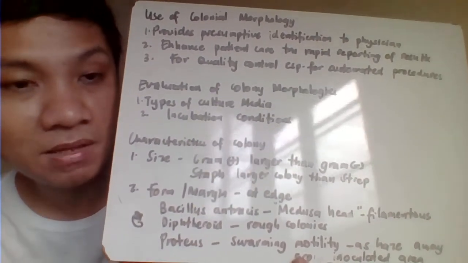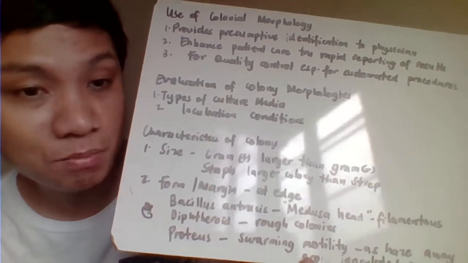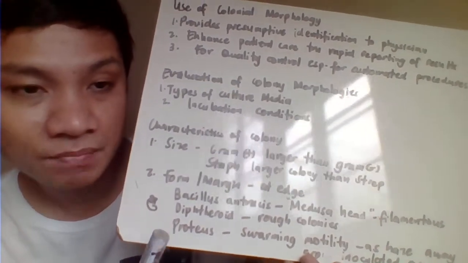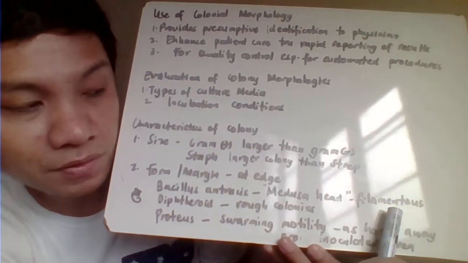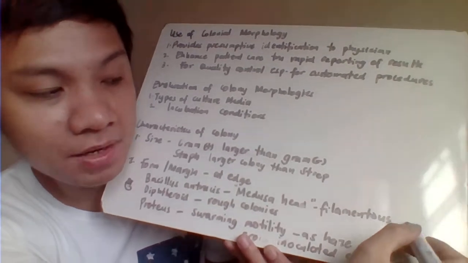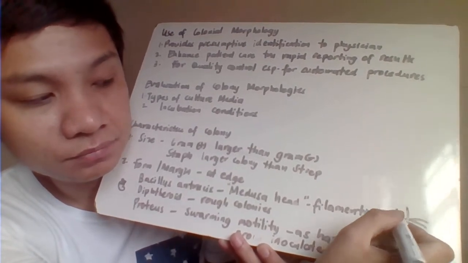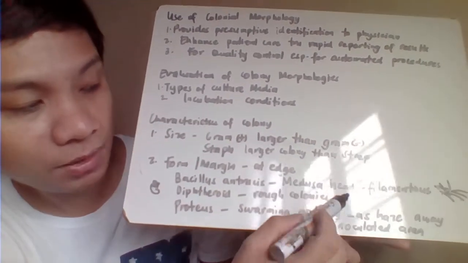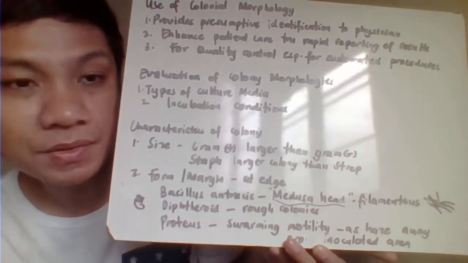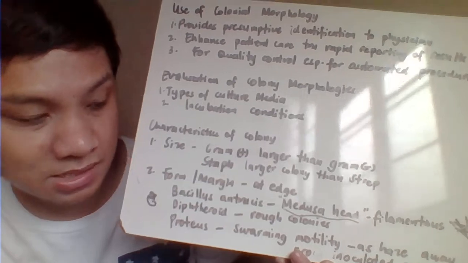You could have your filamentous, your rough, or your smooth. In the case of Bacillus anthracis, this produces a filamentous margin of the colony. That would eventually give you what is called the medusa head because of that characteristic.